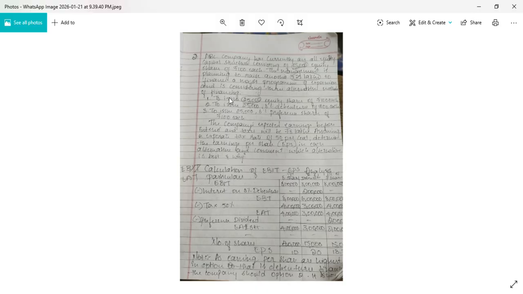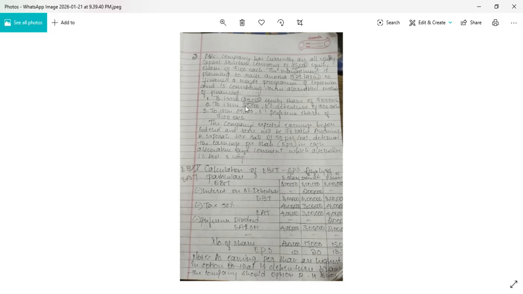First one, to issue 25,000 equity shares of rupees 100 each, which means entirely the ABC company is issuing in the form of equity shares, that is entire 25 lakhs in equity shares.